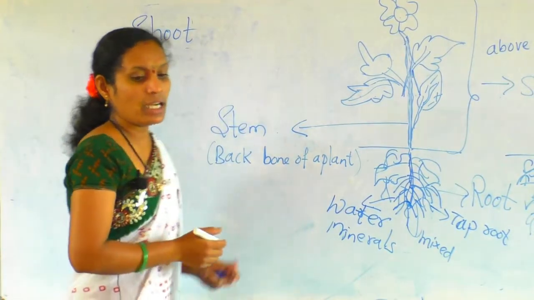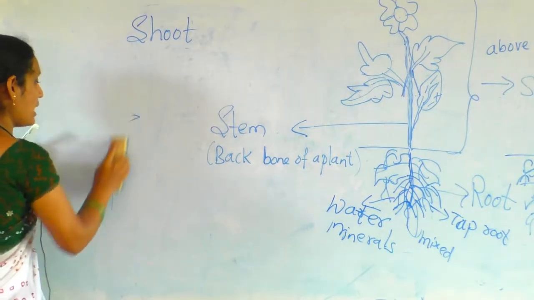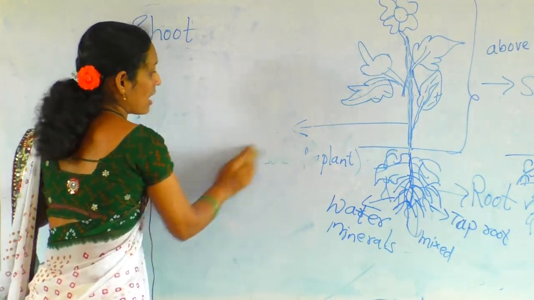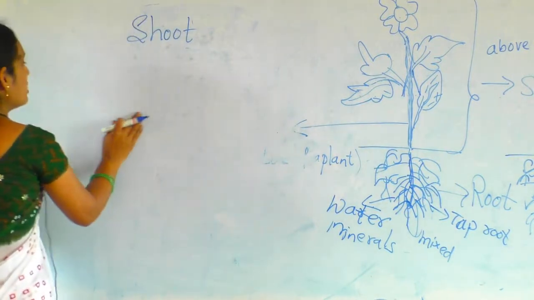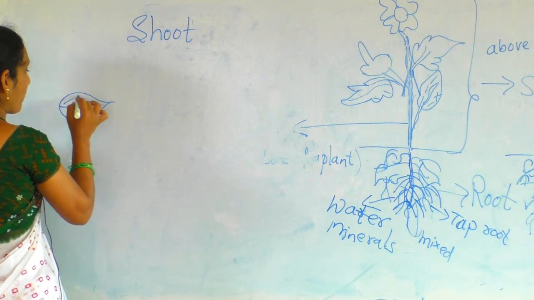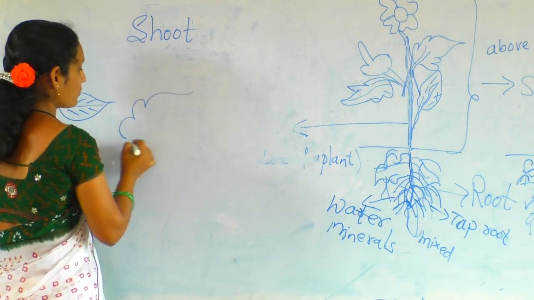Understood? When we are walking in a garden, we see many different types of plants, and the leaves also have different shapes and sizes, right? Some leaves are like this.